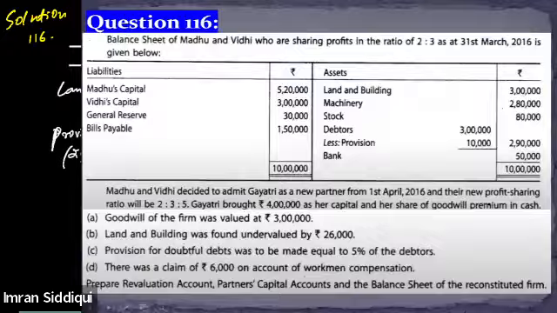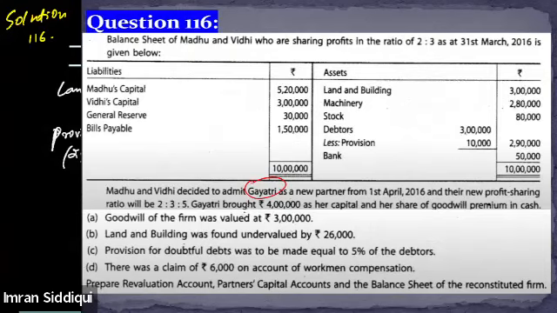Both of you are able to see that? Yes. They are admitting one new partner, Gayatri, and the new profit sharing ratio will be 2:3:5. Gayatri is bringing 4 lakh as her capital and her share of goodwill premium in cash.